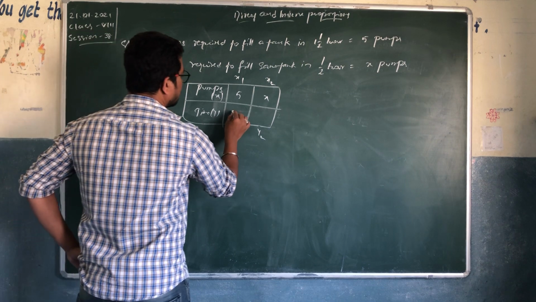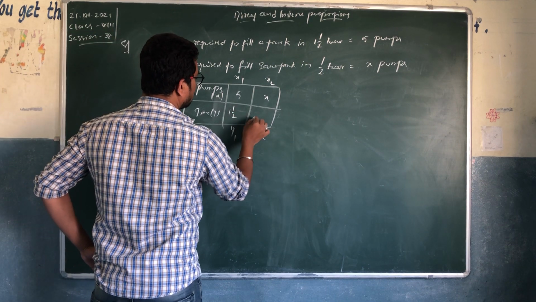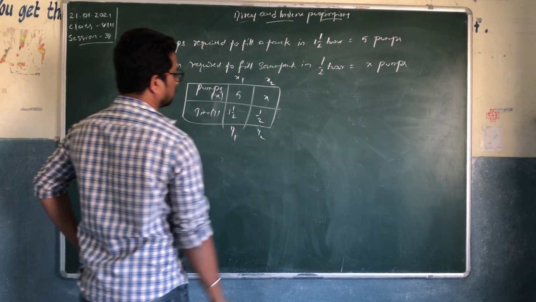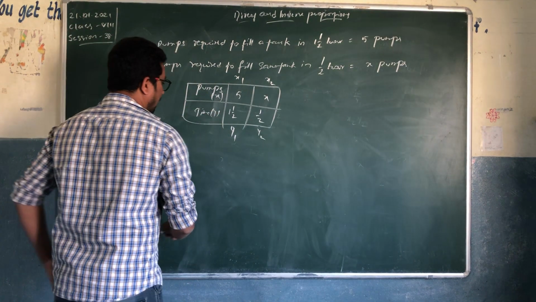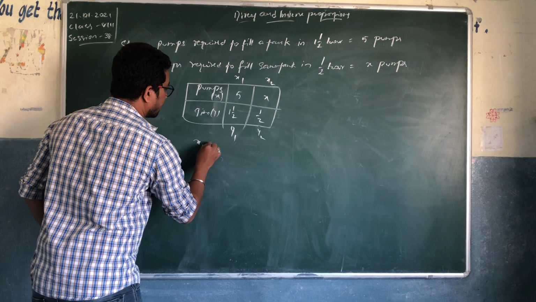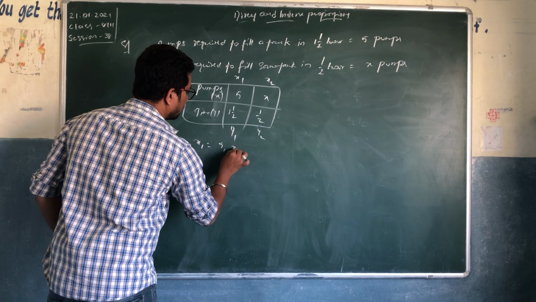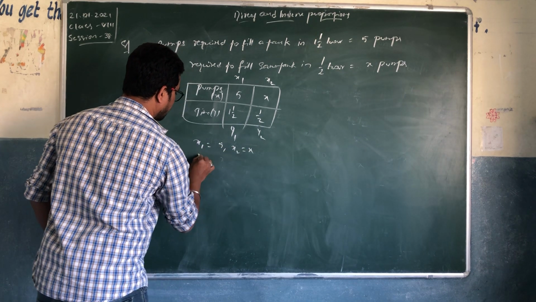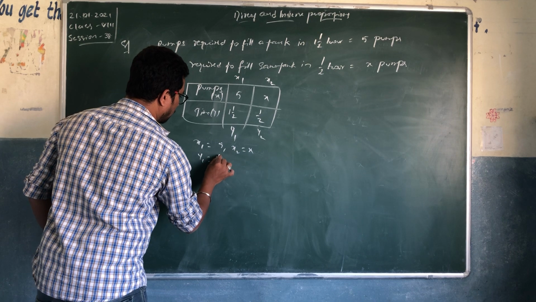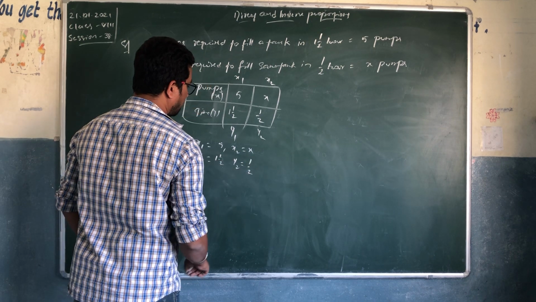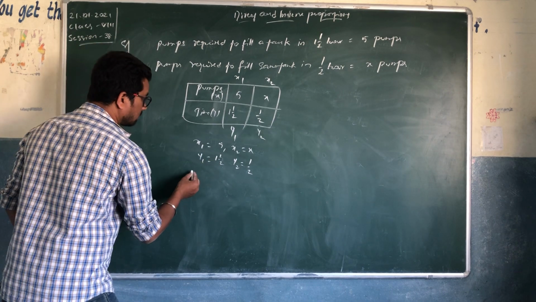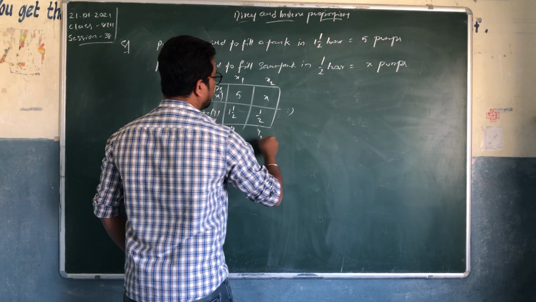And time will be first 1/2, next 1/2, right? Now write down X1 is equal to 5, X2 is equal to X, Y1 is equal to 1/2, Y2 is equal to 1/2.